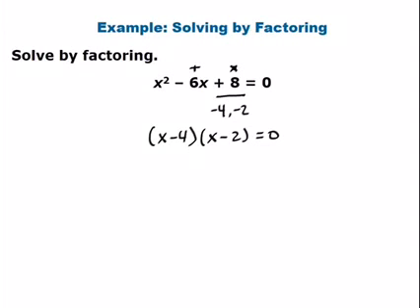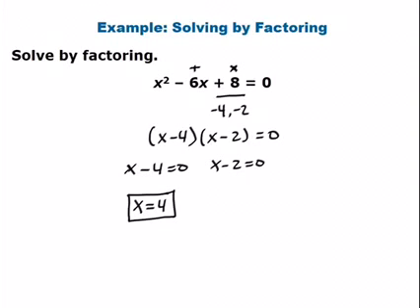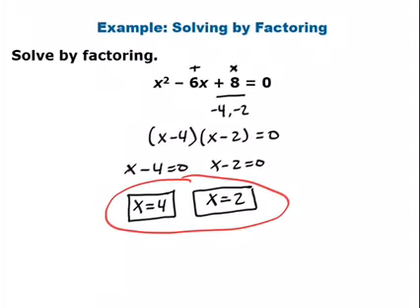I'm going to set each equal to 0 independently, and then I'm just going to solve. So here I would add 4 to the other side, and I would get x equals positive 4. On the right one, I would add 2 to both sides, and I'm going to get x equals a positive 2. And these are my answers. So I've got x equals positive 4 and x equals positive 2.